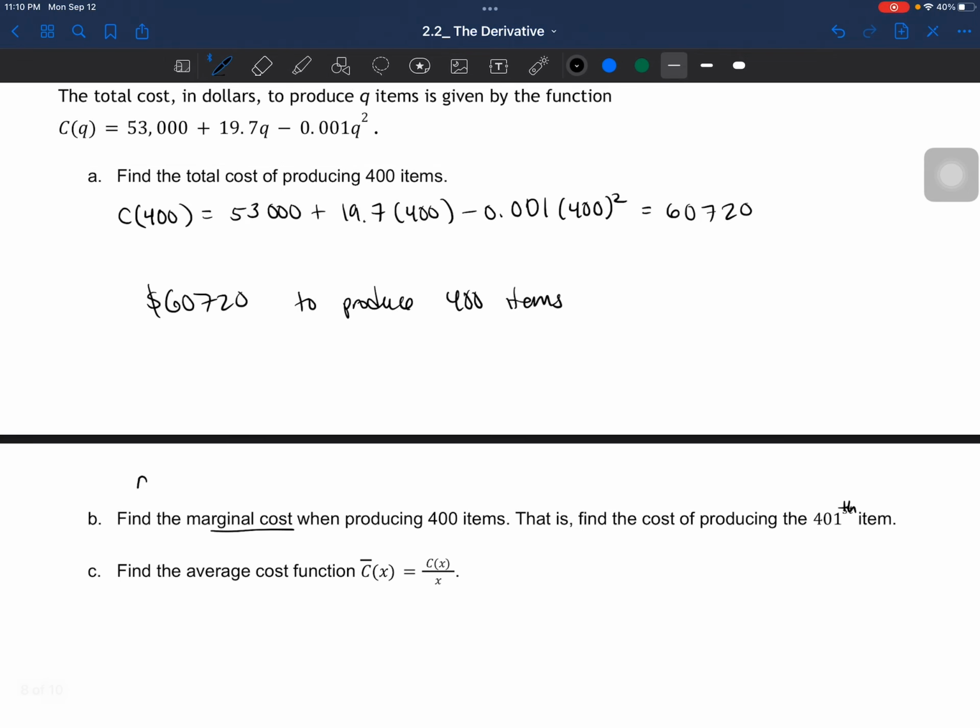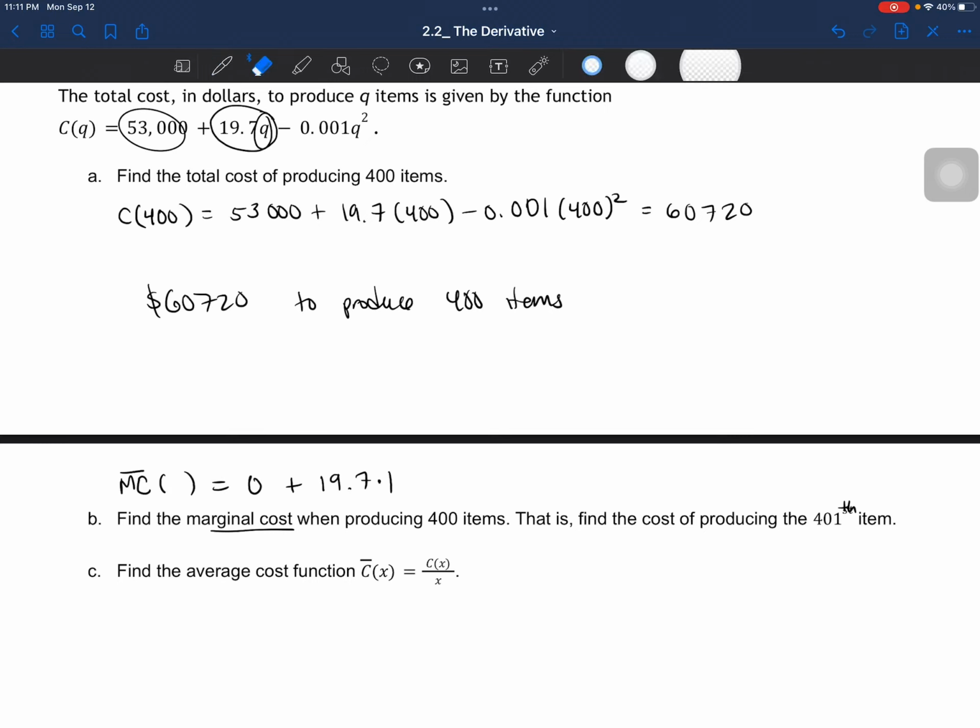So all we have to do is take the derivative to find the marginal cost. The derivative of a constant is 0, plus the derivative of this is 19.7 times the derivative of Q. Since we're doing this derivative with respect to Q, this will be 1.